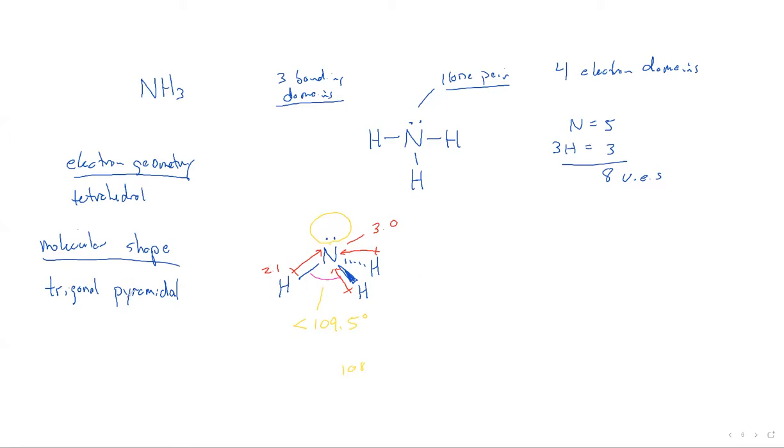Trigonal pyramidal is not highly symmetrical. And so there is going to be a vector sum, going right through the center, adding all those vectors together. And so you'll have the hydrogen end of the molecule as partially positive and the nitrogen end as partially negative. So ammonia is polar because it doesn't have that high symmetry anymore. It has a lone pair.